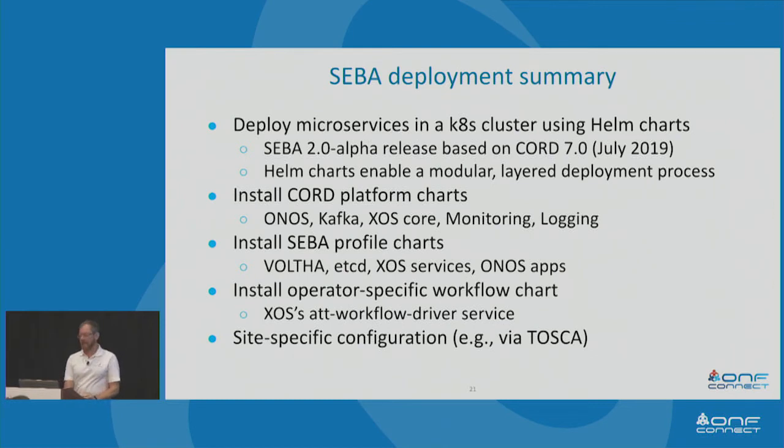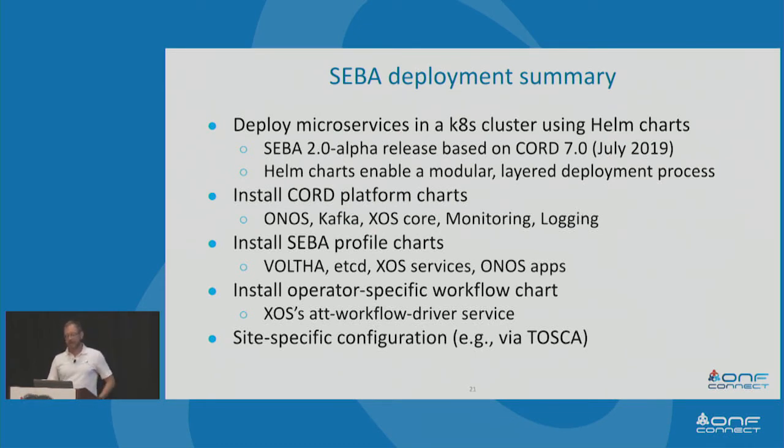So this slide summarizes how a SEBA deployment proceeds, and it's related to the last slide that Scott showed, which showed the different layers of deploying the system: the platform layer, the profile layer, and the workflow.